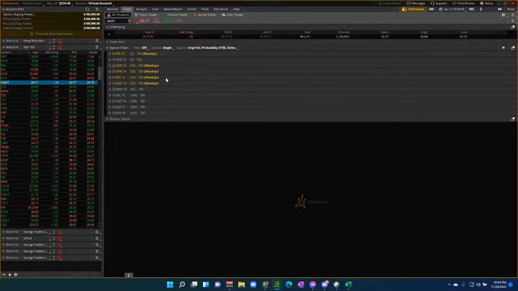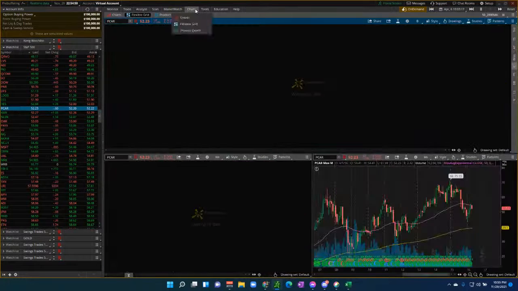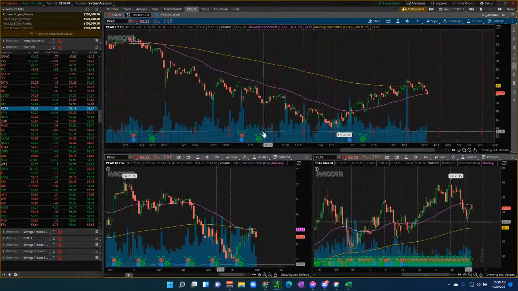You can also use options to generate some income while you're holding shares. So that's one thing I try to filter out when I buy stocks.